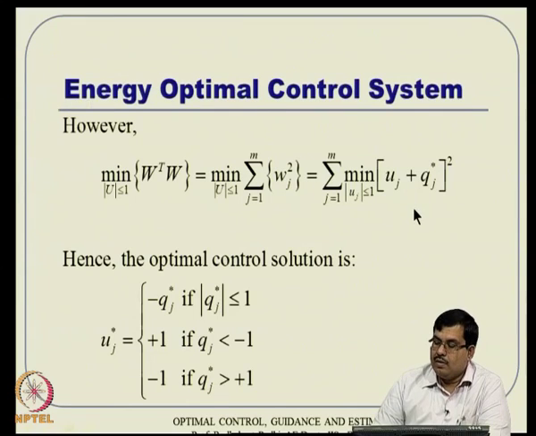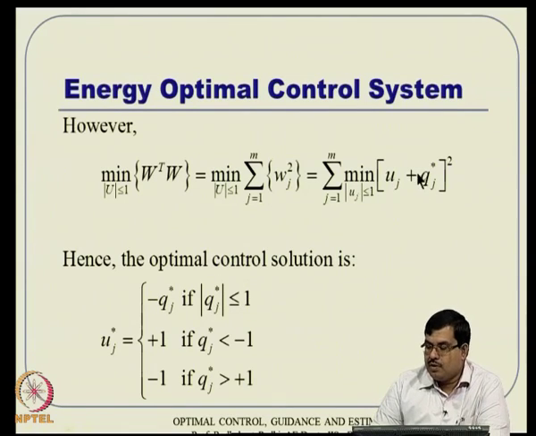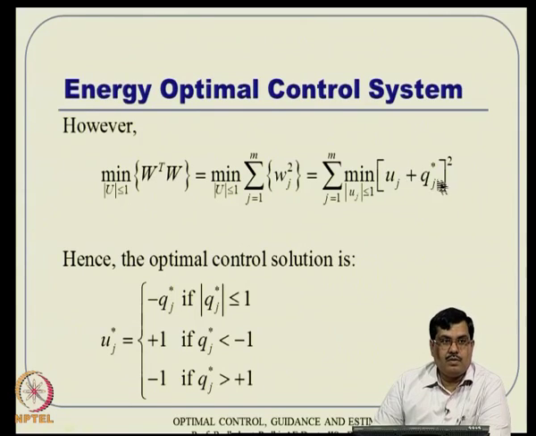If Qj star is within the bound, that means it is inside that, then I can comfortably make Uj the negative of that and make the expression 0, which is its minimum value. So if the modulus of Qj star is less than or equal to 1, then Uj can be written as minus Qj star, because that will satisfy the control bound.